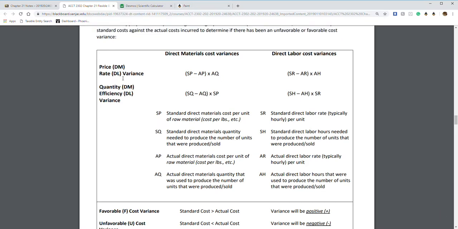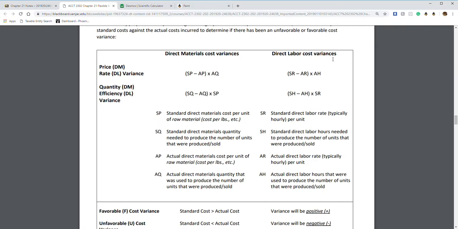So, for direct materials, when we look at their variance, price variance is standard price minus actual price times actual quantity. Its quantity variance is standard quantity minus actual quantity times standard price.